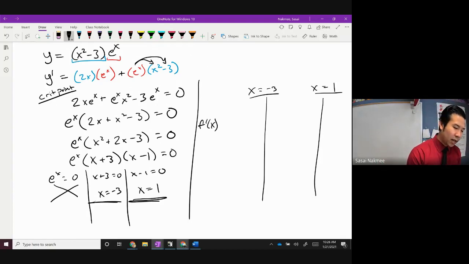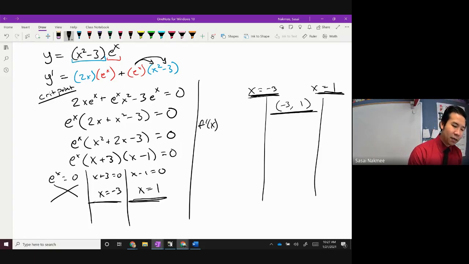So here's how you can figure out what the intervals should be. If I have this as my critical point and I have this as my critical point, the interval between the two of them is somewhere between negative 3 and 1. I can pick any number I want between negative 3 and 1.